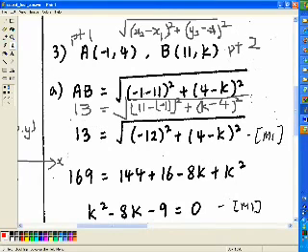How do you continue next? You need to remove the square root, correct? So how do you remove the square root? You have to square both sides.